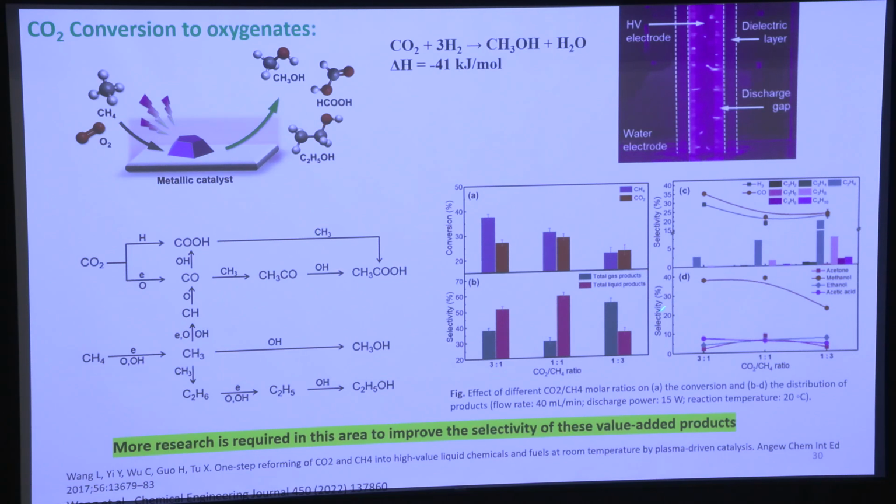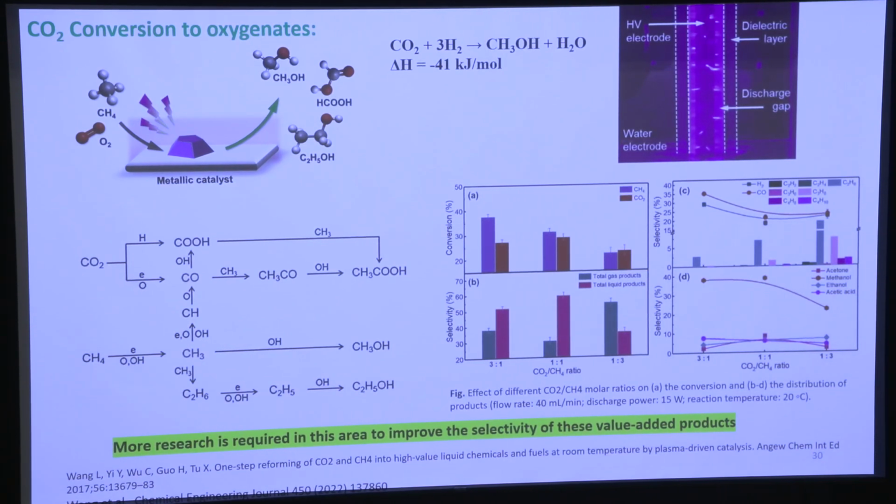If you look at the selectivity, it is quite low, about 30%. And they also produce a lot of different things. You can see acetone, methanol, alcohol, acetic acid, a lot of things are being produced. So the key question is how can we identify a plasma catalyst that increases the selectivity to a certain type of fuel?